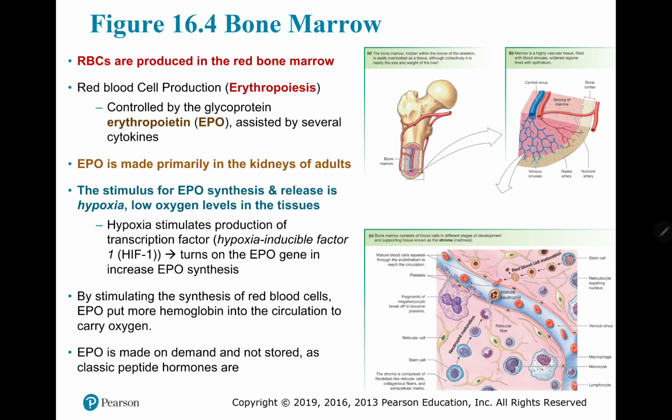That's going to turn on the EPO gene and increase EPO synthesis. And then EPO, or erythropoietin, right? It goes to the bone marrow to make more red blood cells, puts more hemoglobin into circulation so we can carry more oxygen, and that takes us out of a hypoxic situation, right? Now, erythropoietin is going to be made on demand and not stored as classical peptide hormones are.